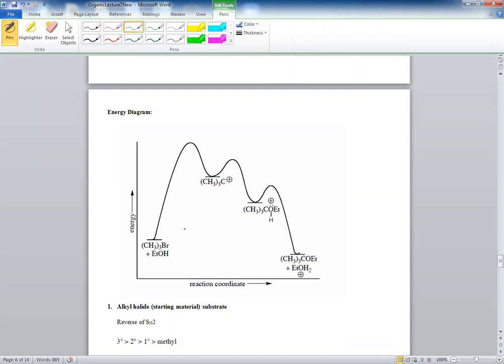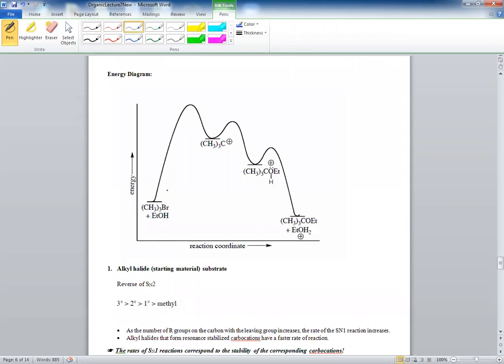So if we were to draw this, this would be EA1, and look how slow it is.